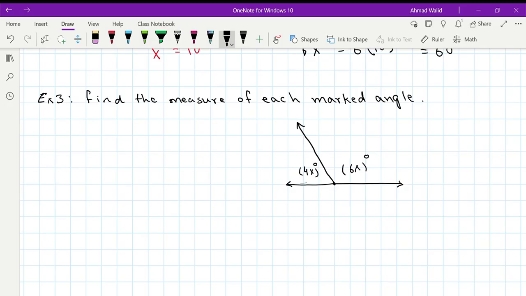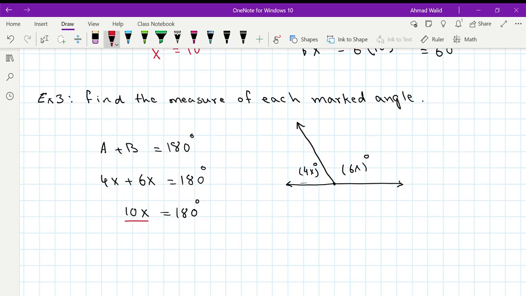You see here you are dealing with supplementary angles. A plus B should be how much? 180 degrees. It means 4x plus 6x should be equal to 180 degrees. 4x plus 6x gives you 10x. 10x equals 180 degrees. Divide again both sides by 10. It means your X is equal to 18 degrees.